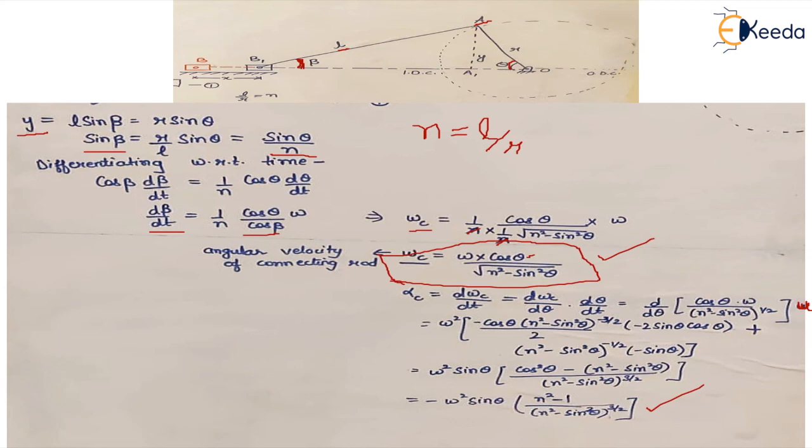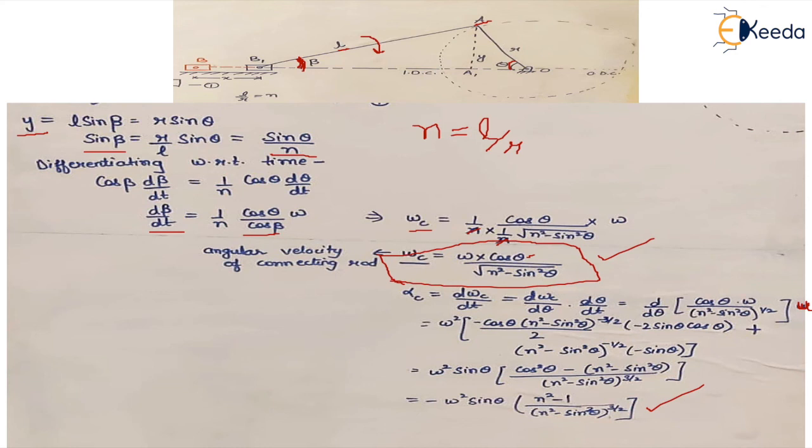Now you see there is a negative sign, and this negative sign indicates the sense of the angular acceleration of the rod. That means when this angular acceleration increases, it tends to decrease the value of beta. So it shows that the sense is in the clockwise direction, right?